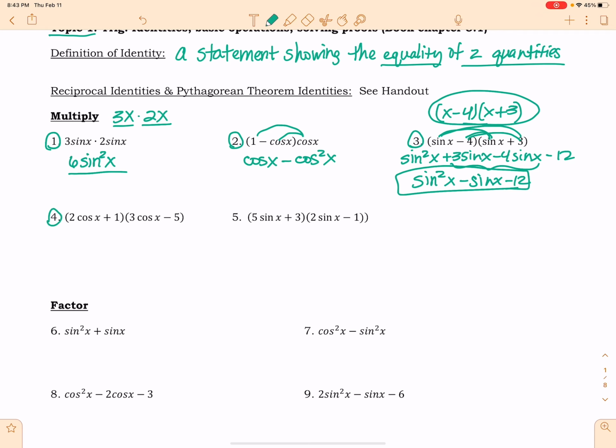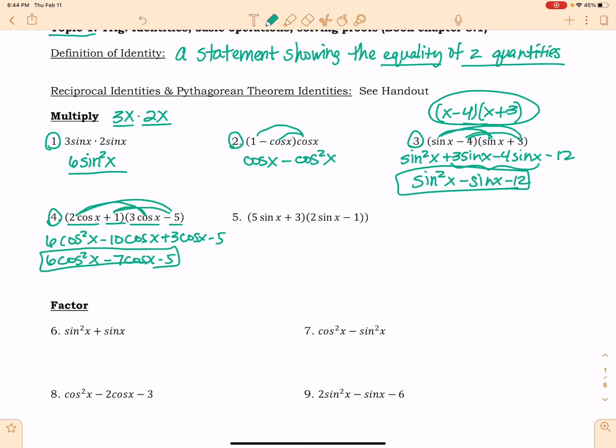Okay, we're going to do the same thing in number 4. We've got 2 cosine x plus 1 times 3 cosine x minus 5. So we're going to distribute this, so that gives me 6 cosine squared x, negative 10 cosine x, 3 cosine x, and negative 5. And then I'm going to combine my like terms again. Bam. And then I'm going to do the same thing on number 5. So I'm going to distribute this.